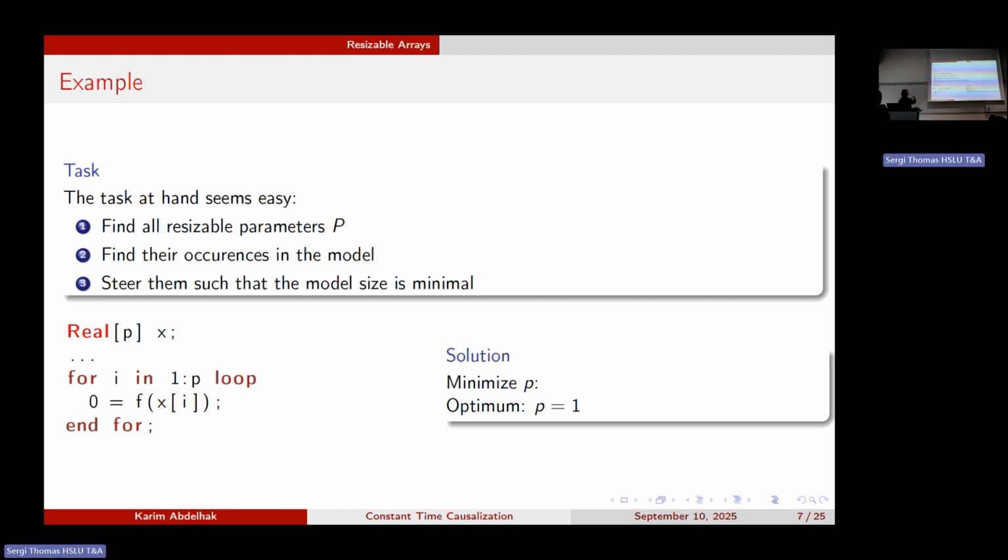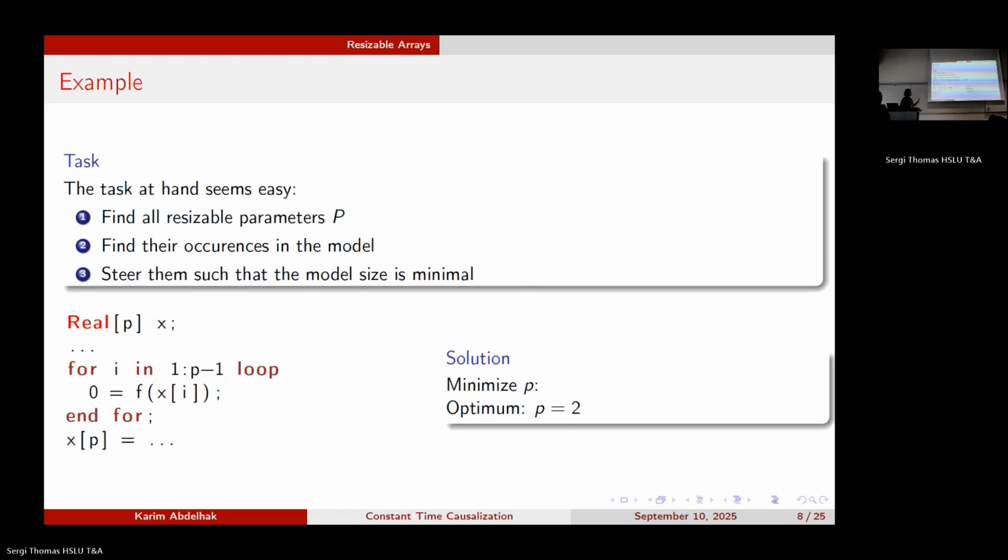Then we have a for loop, which uses this parameter. One would think, okay, the smallest possible size, p equals 0, but that's not really possible because we need to have at least one instance in our scalar graph of this equation such that it gets sorted properly, and then we can resize it up. So in this case, first obstacle: size is minimally 1, not 0.